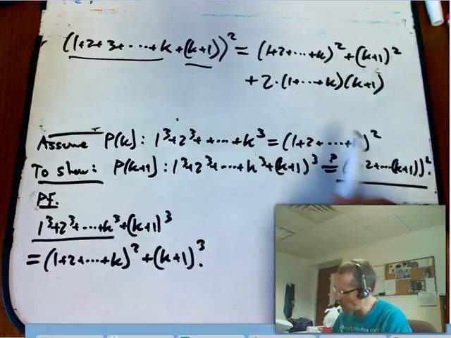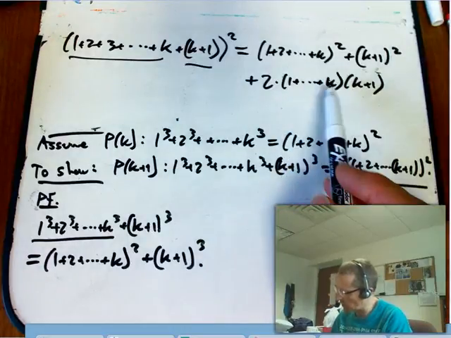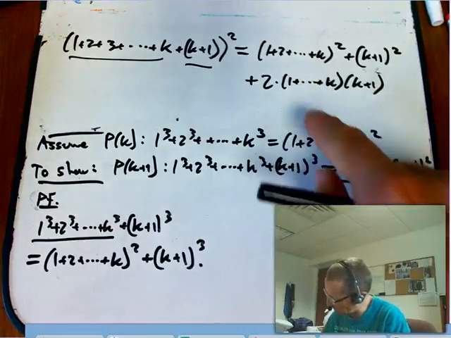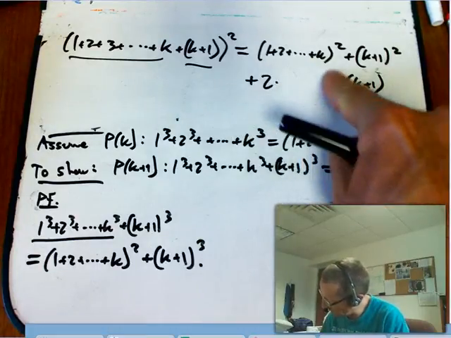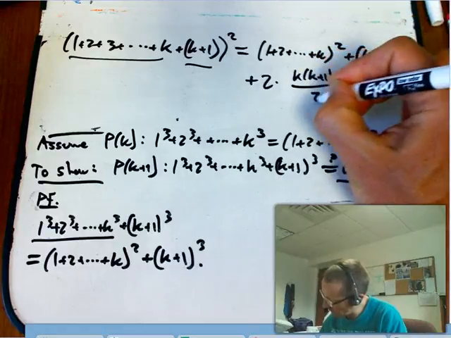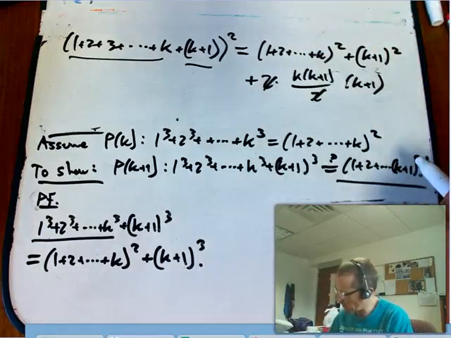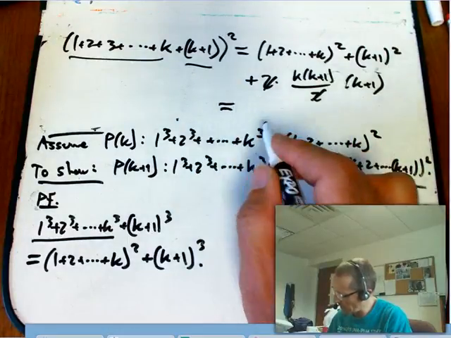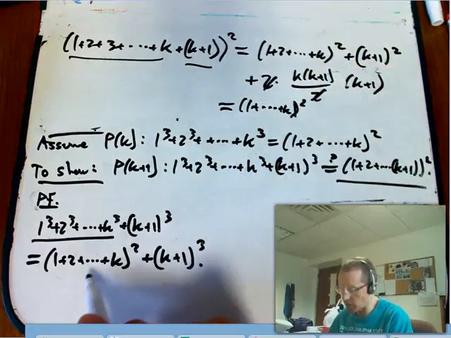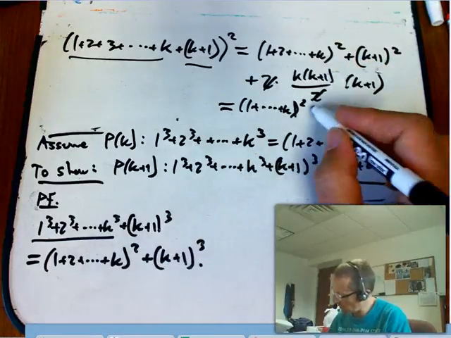Okay, and now here's where we have to use, as far as I can tell, we really need to use the sum formula for this guy. So to save space, I'm going to cheat a little bit and put that in as k times k plus 1 over 2. 2's cancel. Okay. And I'm getting this sum squared, which is going to match this guy, notice, right?